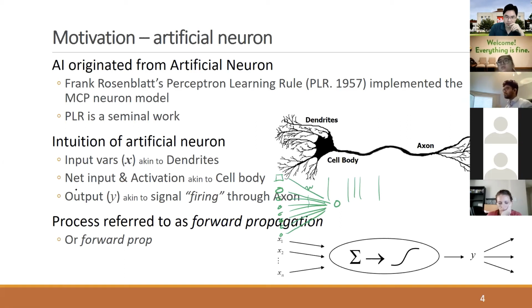You always have a net input and an activation. And the entire network is layers of net input, or parallel net input and activation, because each layer has several hidden units.